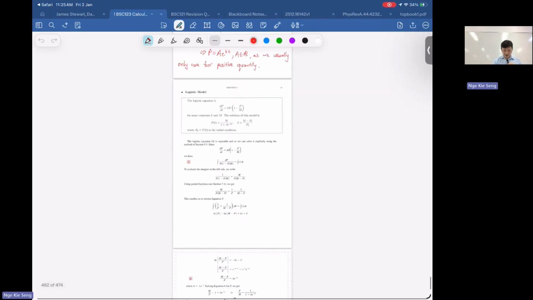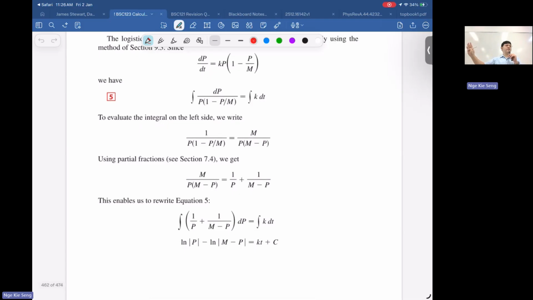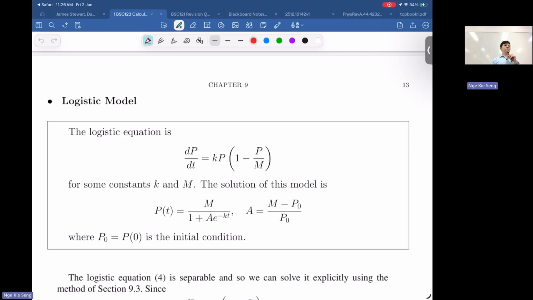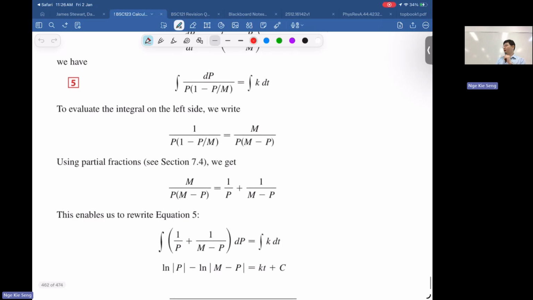Either you go through this calculation and get the answer, and we accept, or you memorize and use this formula, we also accept. Both are accepted. It's not hard if you do the partial fractions. Either way works.